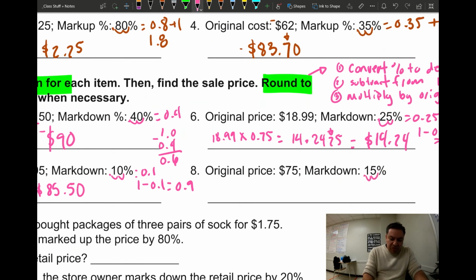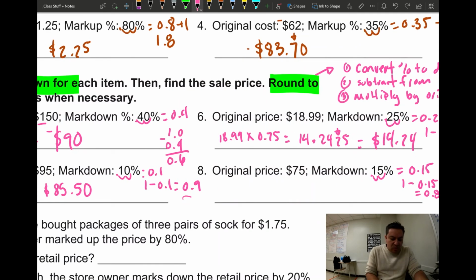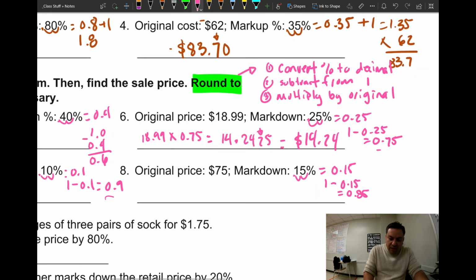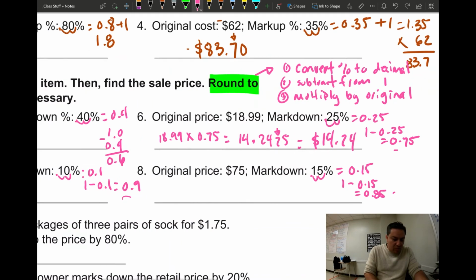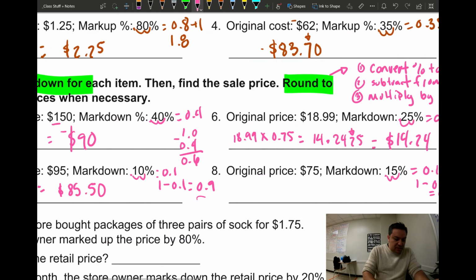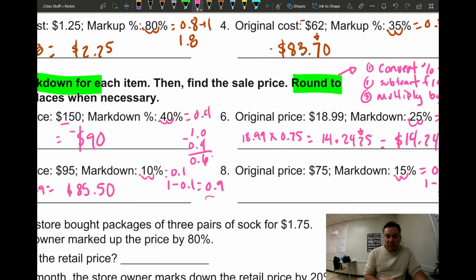Number 8, the last one for this type right here. Markdown 15%. 0.15. Subtract from 1. 1 minus 0.15 gives me 0.85. See, notice all of these are less than 1. That's less than 1. This is less than 1. That's less than 1. This was less than 1. And that's what I'm looking for.